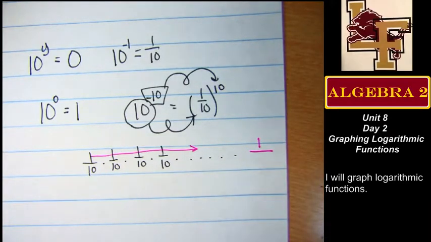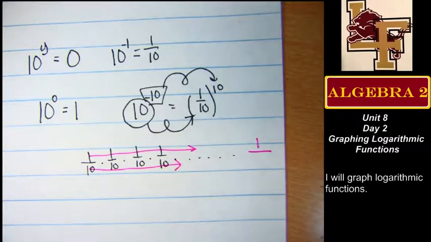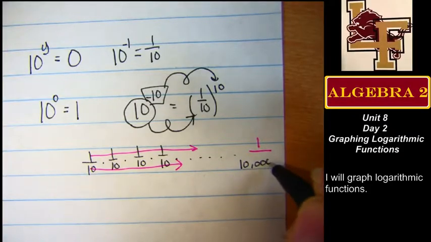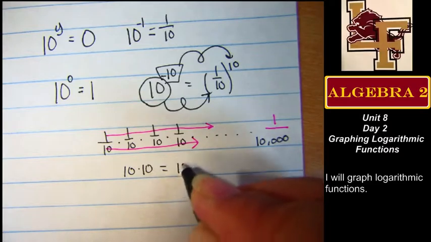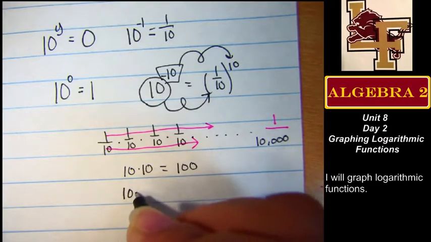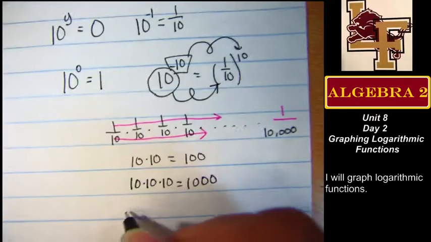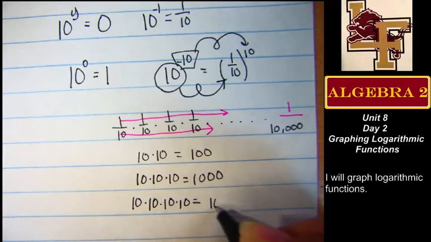And now I have all these 10s, 10 of them multiplied together. 10 times 10 is 100. 100 times 10 is 1,000. 10 times 10 times 10 times 10 is 10,000.